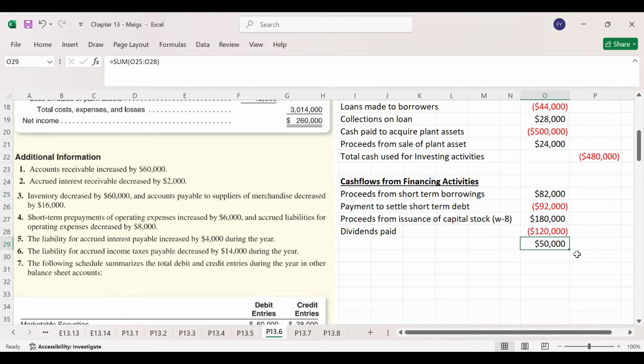Here it is a positive amount. So we can say that the total net cash provided by financing activities is 50,000.